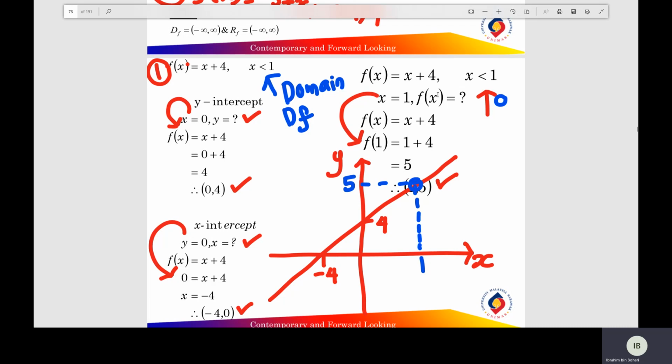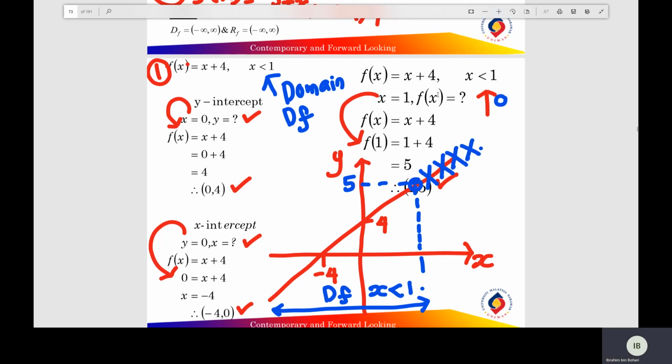The domain of the linear function is x less than 1. So this linear function is only defined between 1 and negative infinity. Start at 0.9, 0.8 to negative infinity, so you put the arrow here. This function is only defined when x is less than 1, and this straight line you cancel.